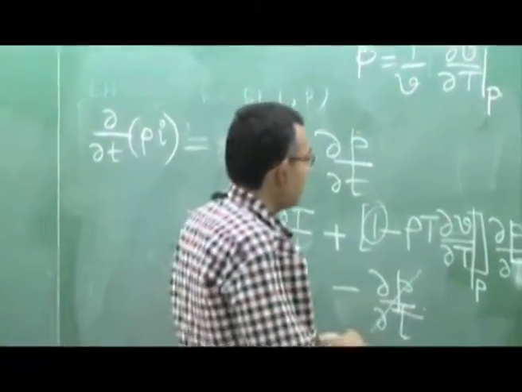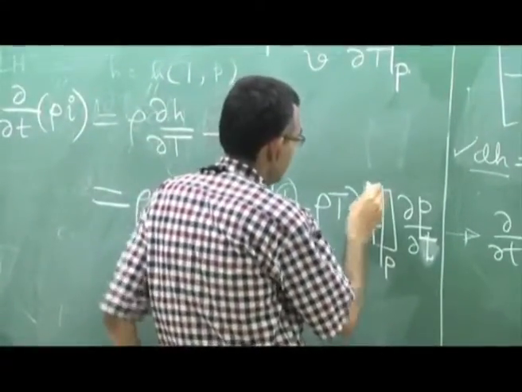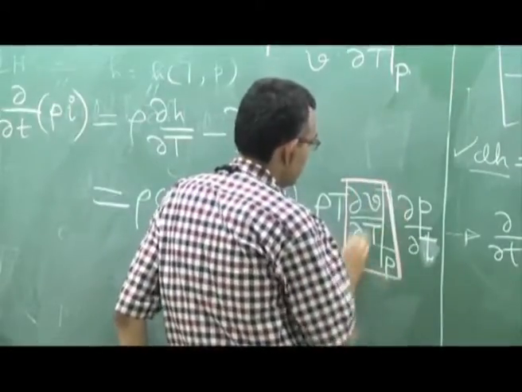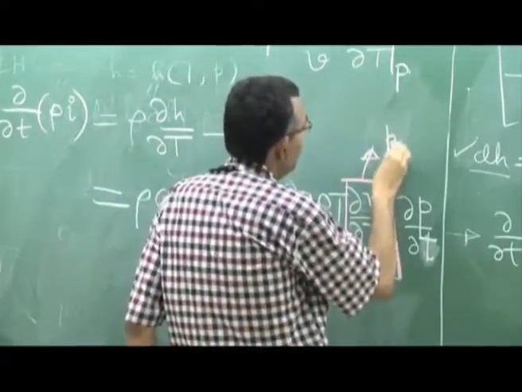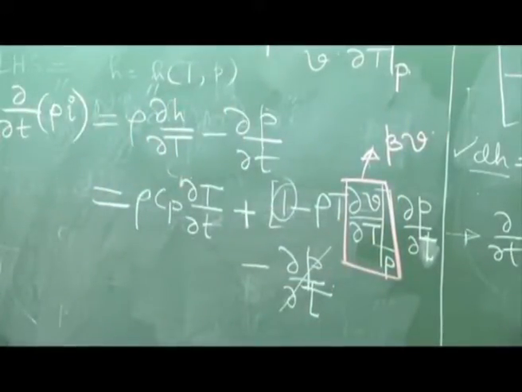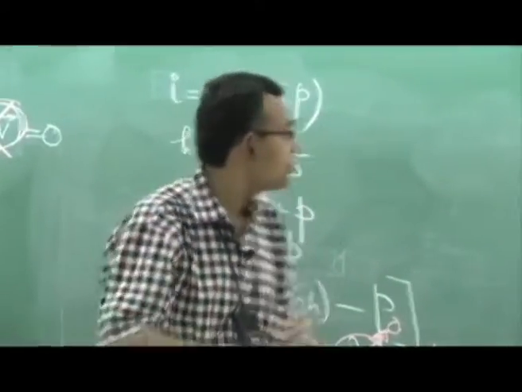So you can write this as beta into V, where this beta, what is the name of this beta? Volumetric expansion coefficient.